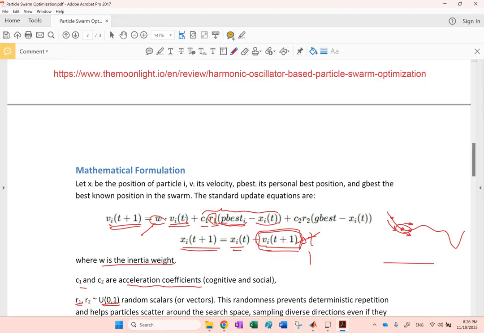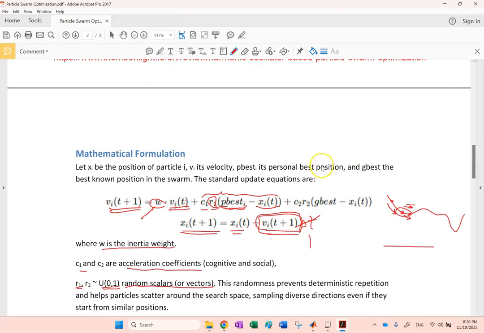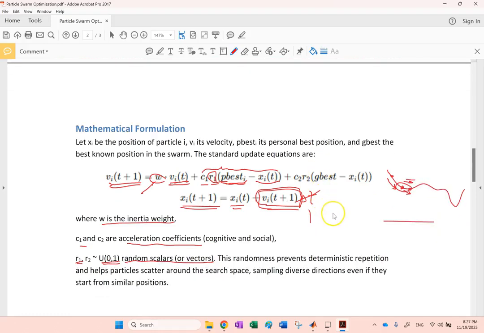And this randomness is between 0 and 1, so it's not going to be entirely affected by that, just partially. And that is the random component. The good thing with this is it helps your particles scatter around the search space more and look in different, diverse directions so you can do more exploration. Okay? So this is your local best.